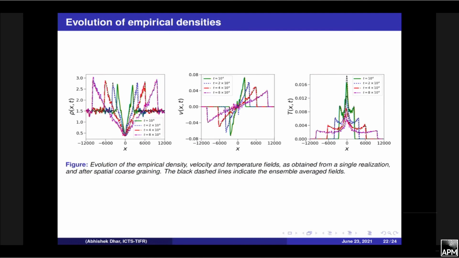And what we find is that even for a single realization of the microscopic process, you get the same result as you get from an ensemble average. This is really very satisfactory, because the main idea is that coarse graining over some length scales leads to hydrodynamic equations. There's really no ensemble when we look at real systems.